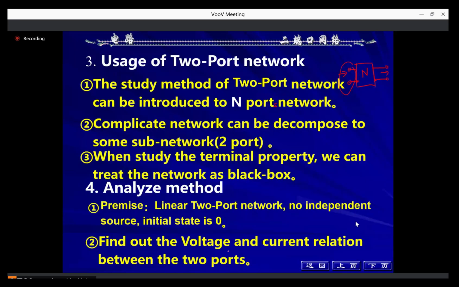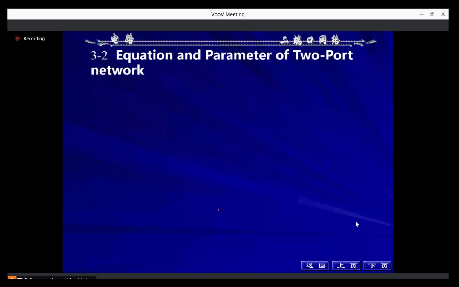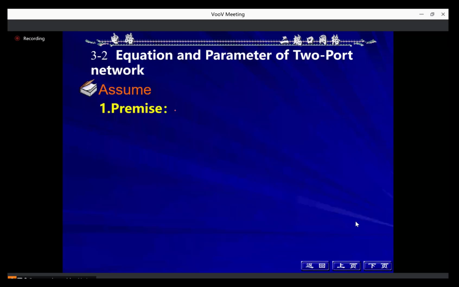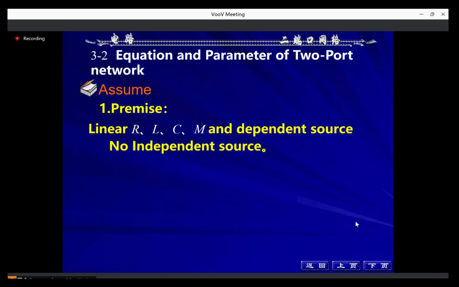Equation and parameter of two-port network. Assume this is the basic premise: we only care about linear resistors, inductors, capacitors, mutual inductance, and dependent sources inside, but no independent source inside.